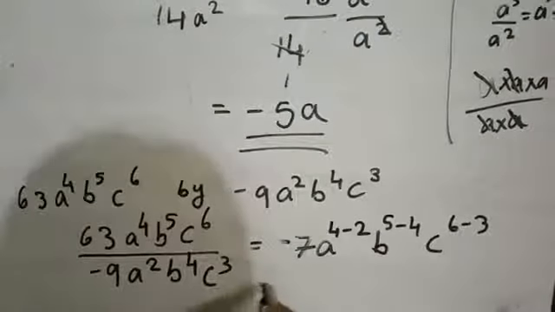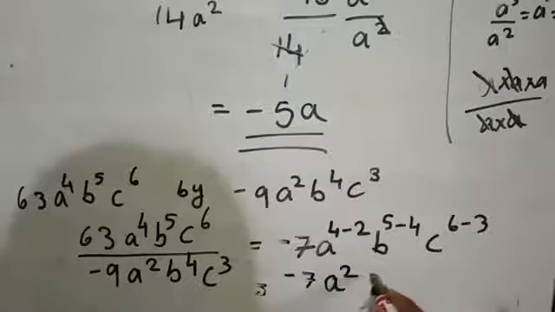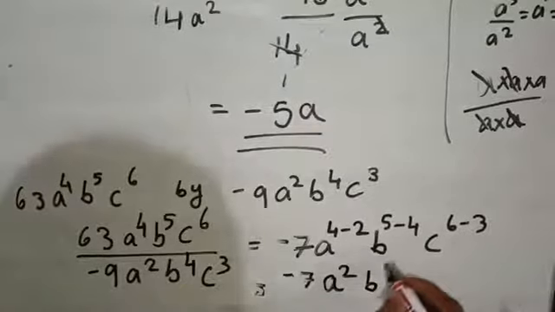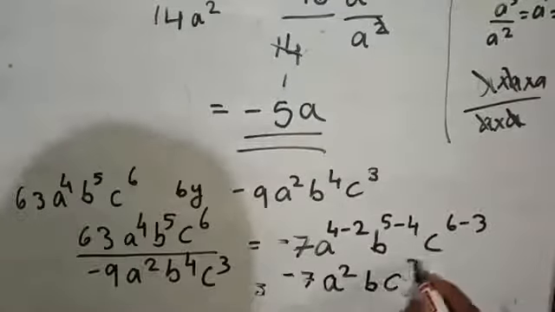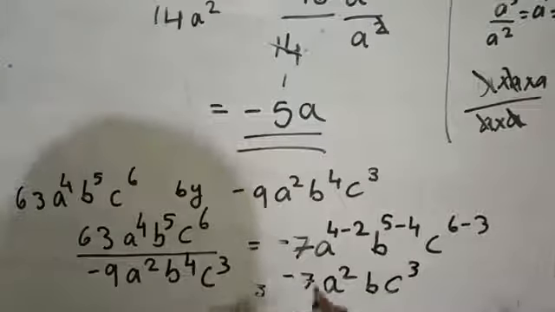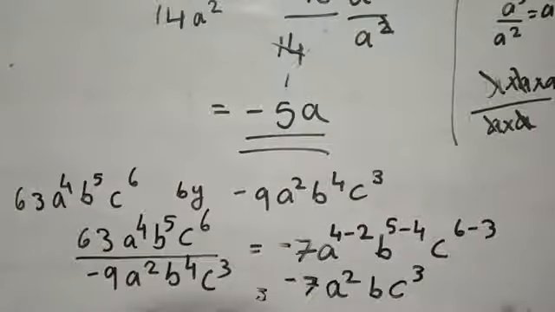It is equal to minus 7, a raised to 2, b raised to 1, c raised to 3. Okay, minus 7, a square, b c cube.